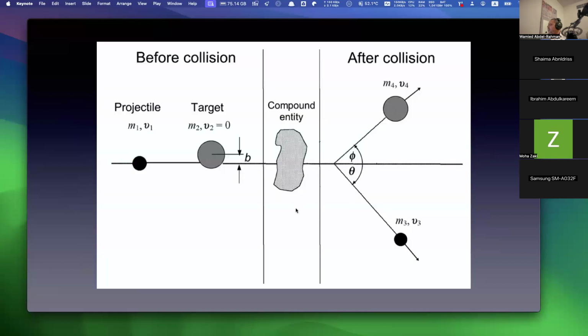So this is a basic representation of a two-particle collision. We have a projectile of mass m1 with a velocity v1 or kinetic energy, and we have a stationary target with mass m2.